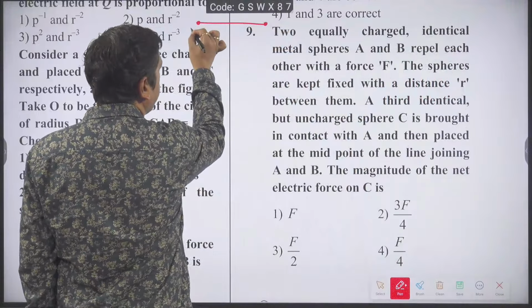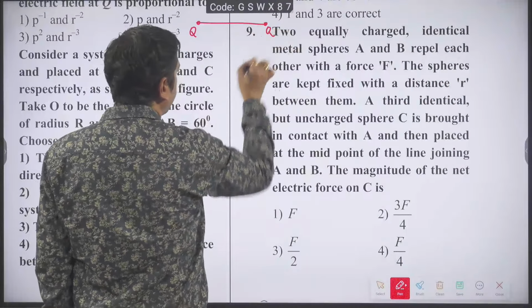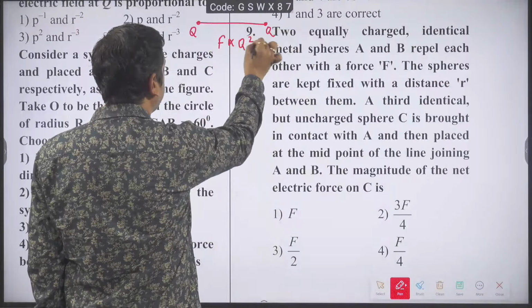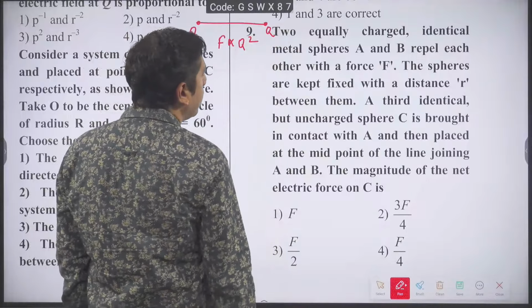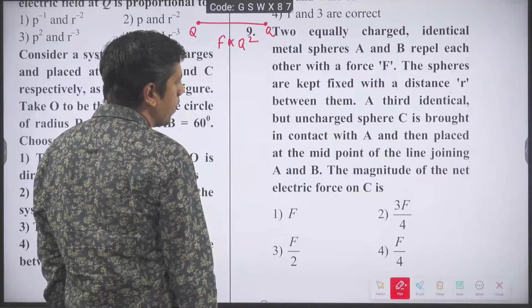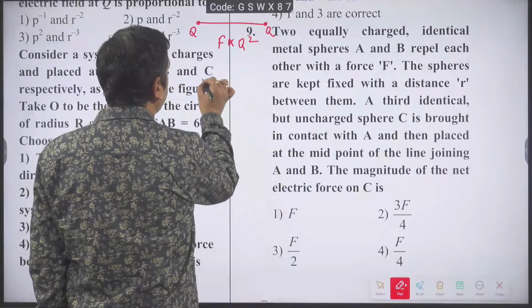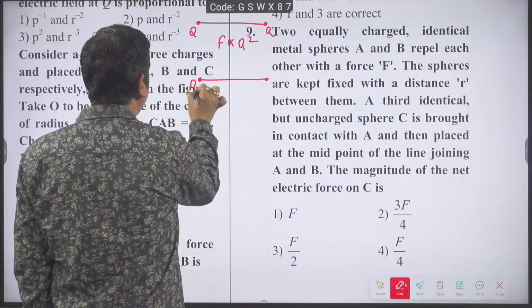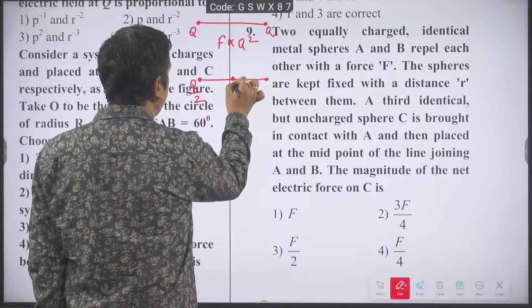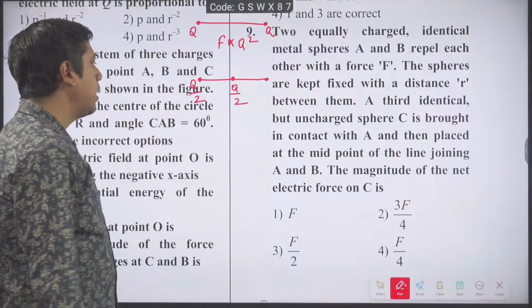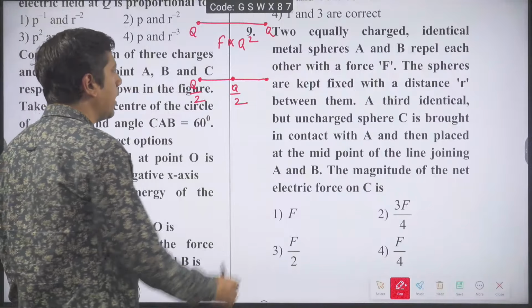Two charges were placed, let's say Q and Q. Force was F, so force was proportional to Q squared. Then we bring a third charge and it is brought in contact with A. Since it is identical, the charge will now become Q by 2. This one will also now be Q by 2. And then it is placed at the midpoint of the line joining A and B.